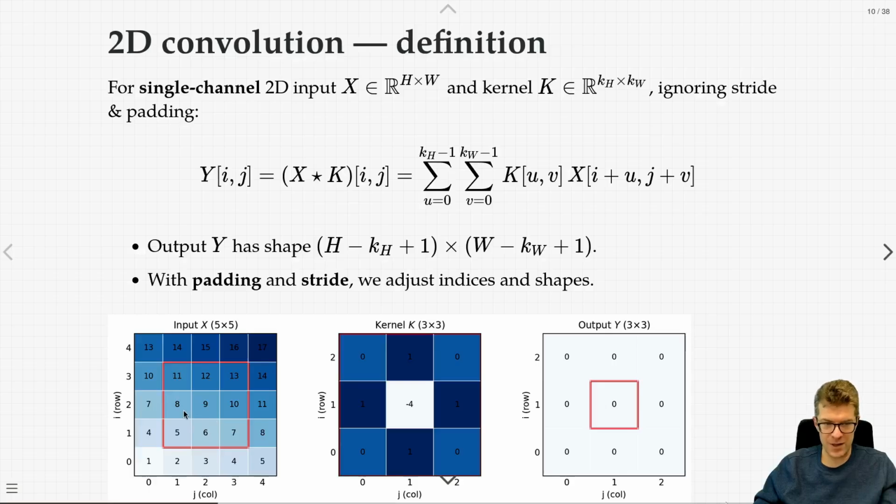Adding all those together should be, I think, 36. 9 times minus 4 is minus 36. When you add all of these together, you get 0. Hence, the output of this 3x3 kernel, centered for this moment in the center of our 5x5 image, will give you a 0 of output. Okay, so a little bit boring, but hopefully this gets the idea of the image input x multiplied by the kernel gives us an output, as seen here.